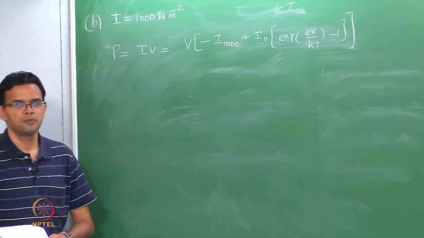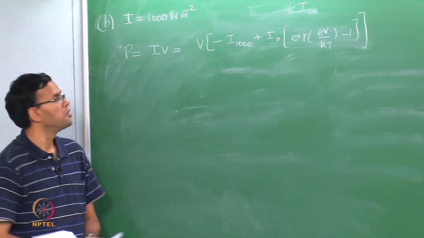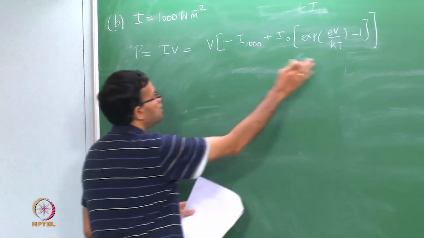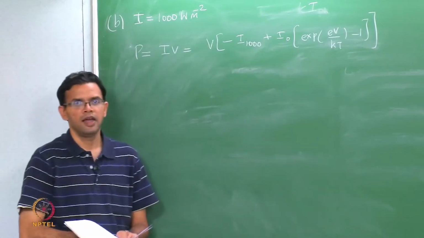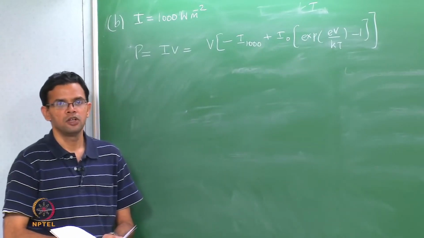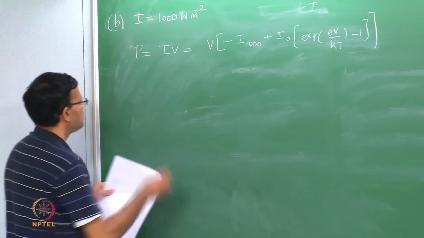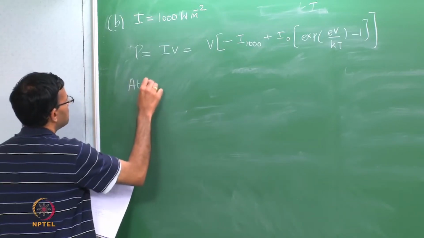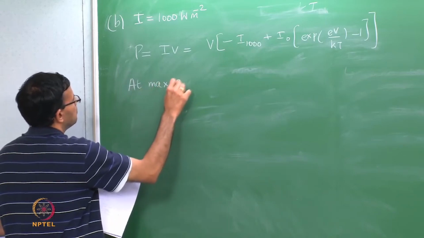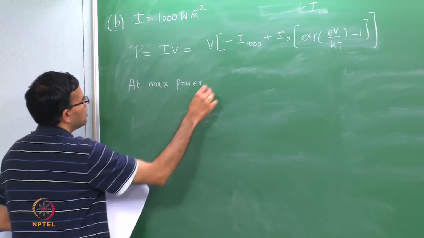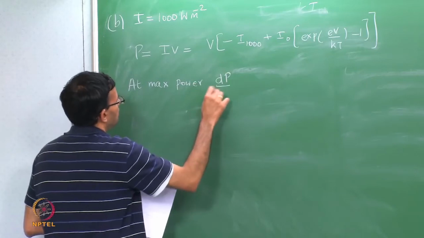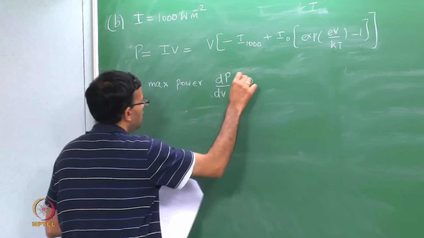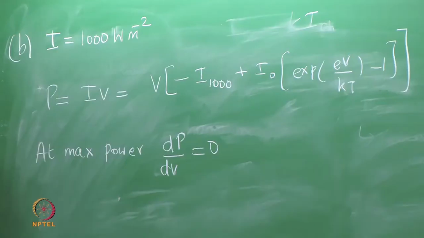So, this is the expression for the power. If you look at it, everything here is a constant except for the voltage. So, to have maximum power, so at maximum power dP over dV must be essentially 0.